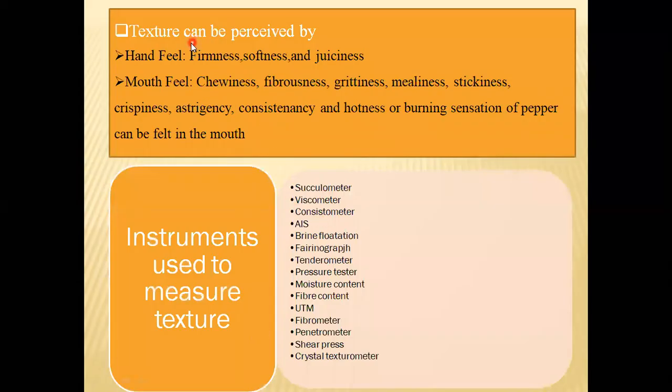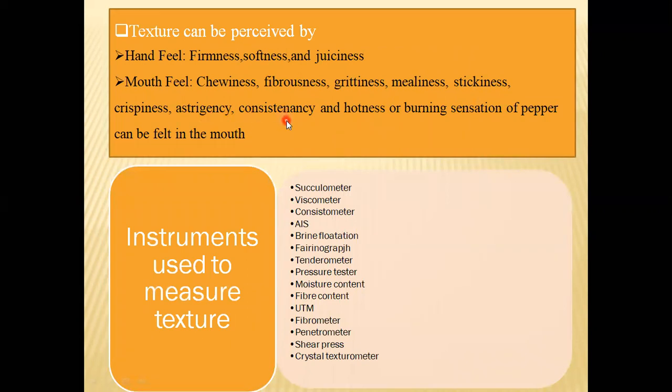Now, texture can be perceived in different ways. By hand feel, you can judge characteristics like firmness, softness, and how much juiciness the product has. By mouth feel you can check fibrousness, chewiness, grittiness, meaning how many granules are present, then mealiness, stickiness, crispiness, then astringency.